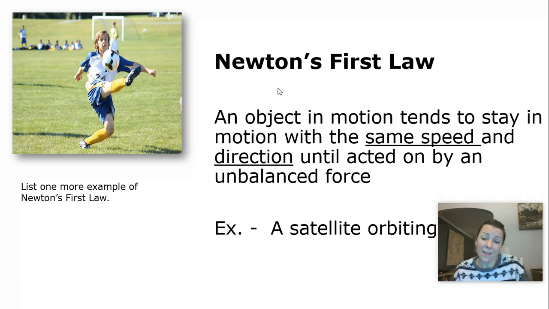So if you've got unbalanced forces acting on an object, the object will move in a different direction. But balanced forces will keep something moving constantly, or will constantly keep it at rest. So kicking a soccer ball, a satellite orbiting the Earth, right? Those are examples here of Newton's first law.